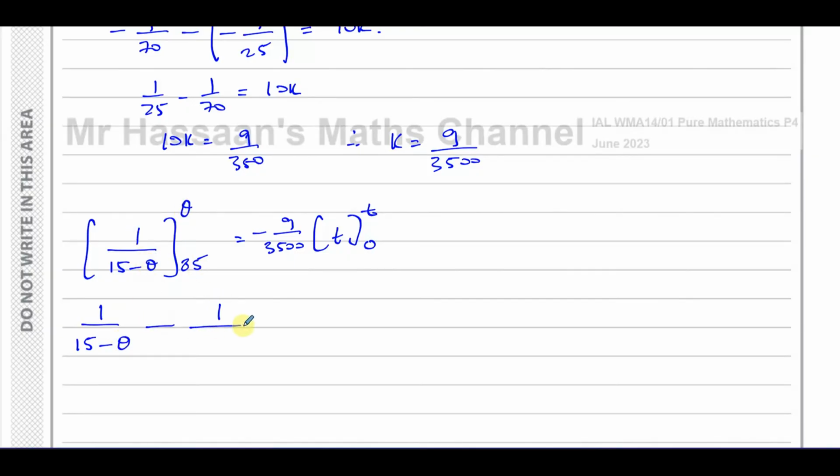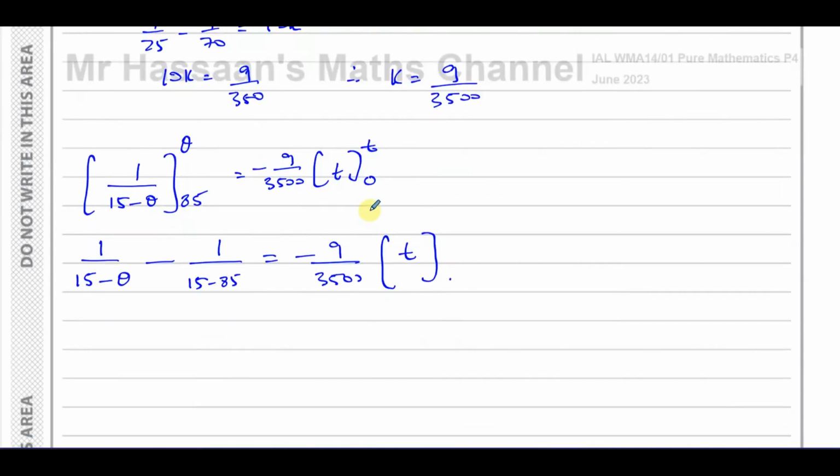So I have 1 over 15 minus 85 equals minus 9 over 3,500 times t minus 0, which is t. Okay, so this is 1 over 15 minus theta minus, and this is going to be minus 1 over 70 equals minus 9t over 3,500.